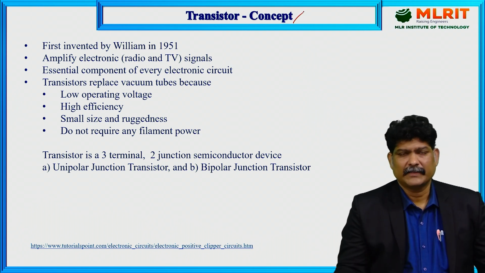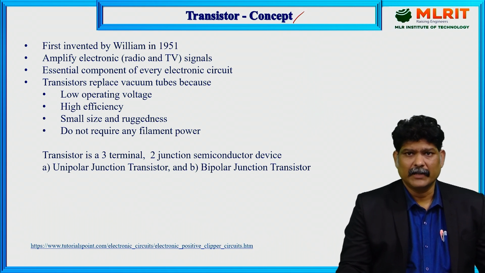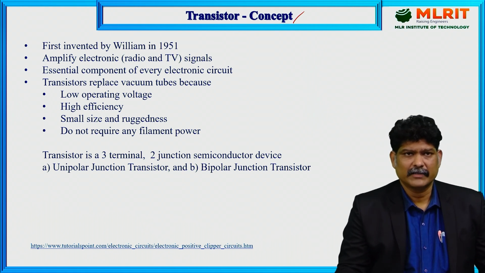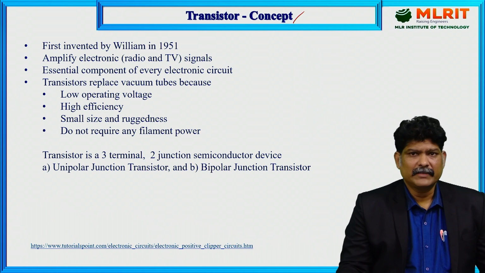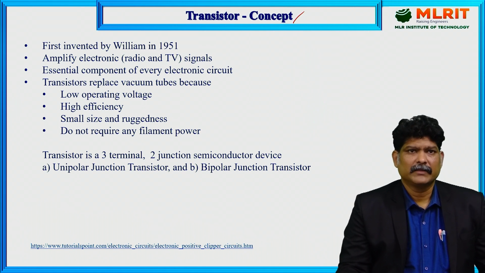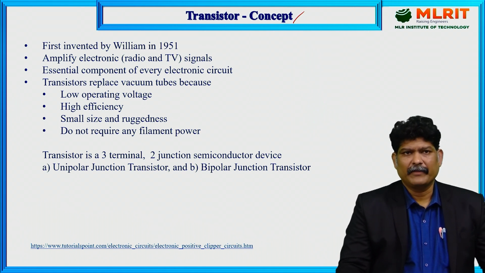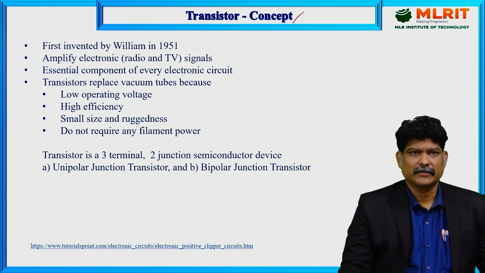The transistor was first invented by William in 1951. After the invention of this transistor, there was a drastic change in the electronic industry. In the past, vacuum tubes were used for amplification purposes, which occupied more space.